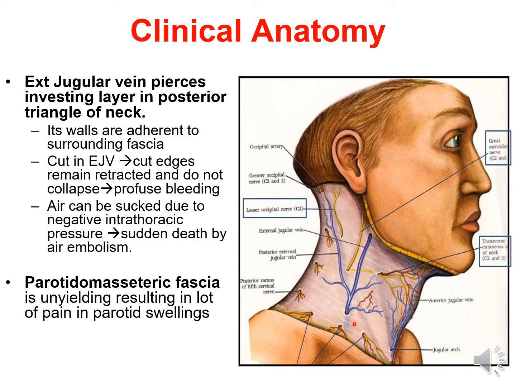This results in profuse bleeding. Also, air can be sucked in due to the negative intrathoracic pressure, resulting in sudden death by air embolism. I've already told you about the parotidomasseteric fascia, how it is unyielding, resulting in a lot of pain in parotid swelling.